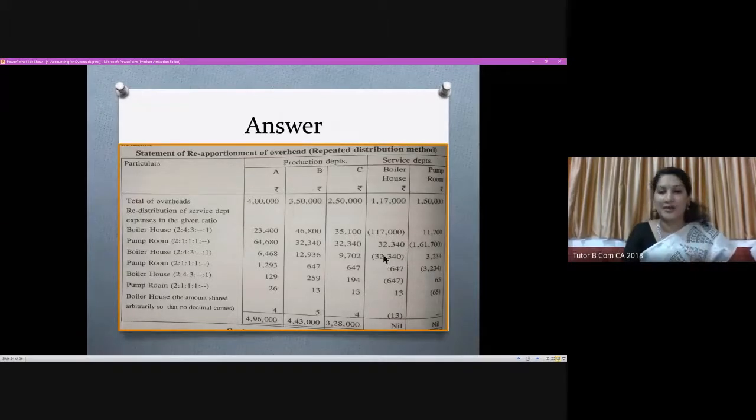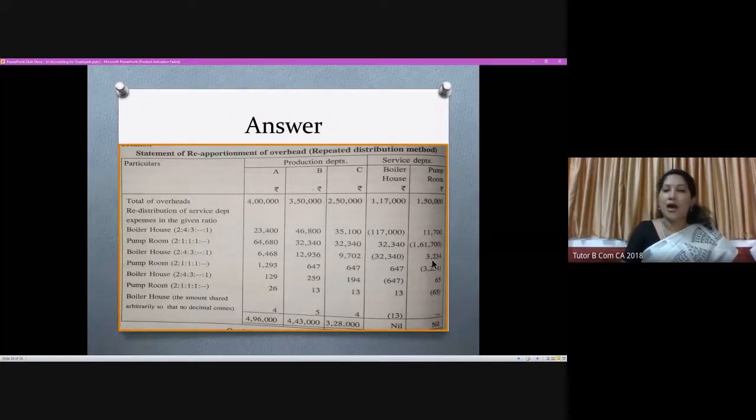Now I have to nullify that. How do I do that? I put that in bracket, 32,340, and then I share with all the departments, that is A, B, C as well as pump room. That's what I did here. Right. Now, as the next step, when I observe, I can understand that there is a portion of expense that is being brought to pump room, which was part of boiler house expense.